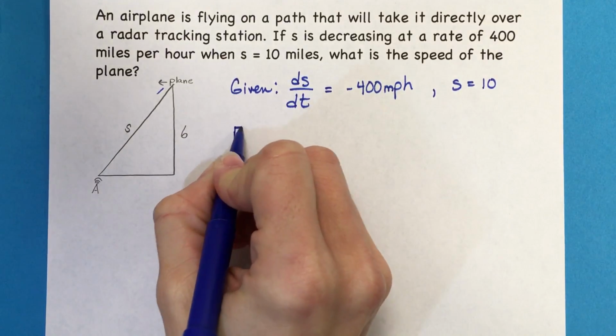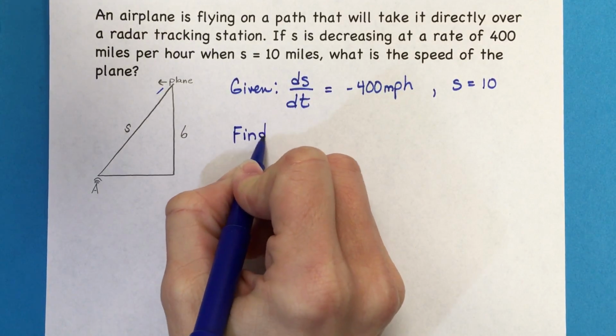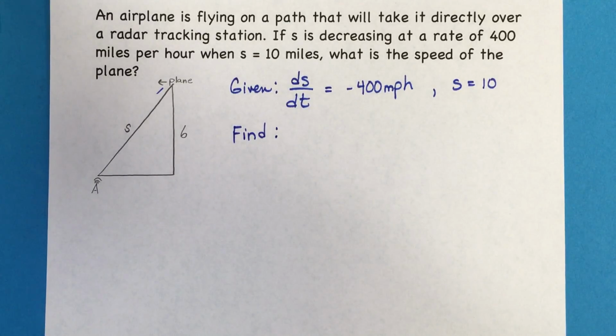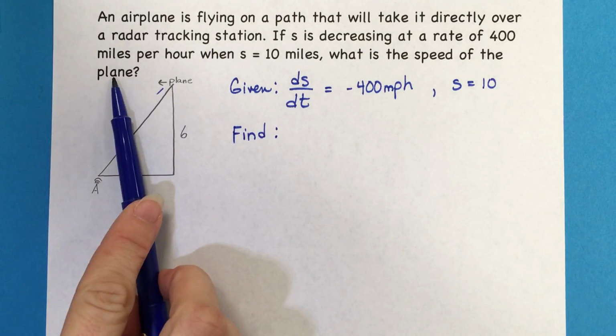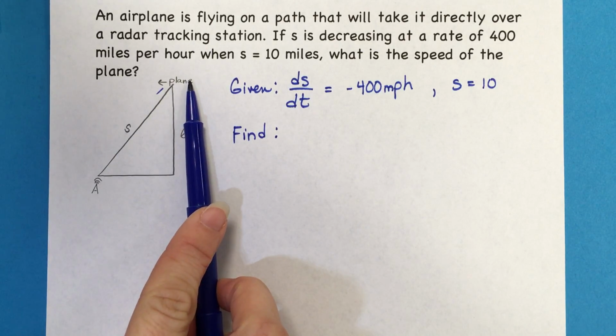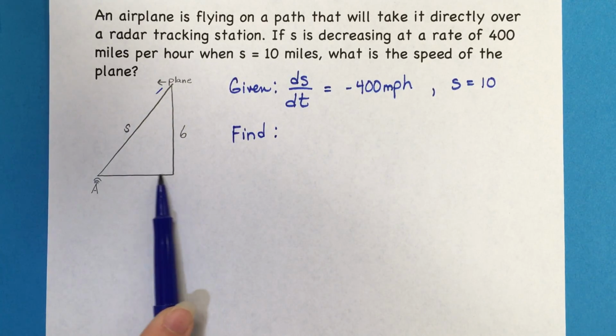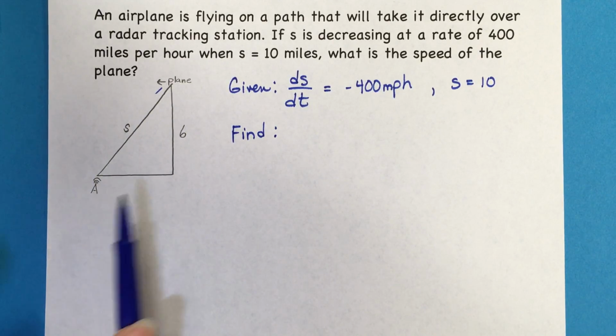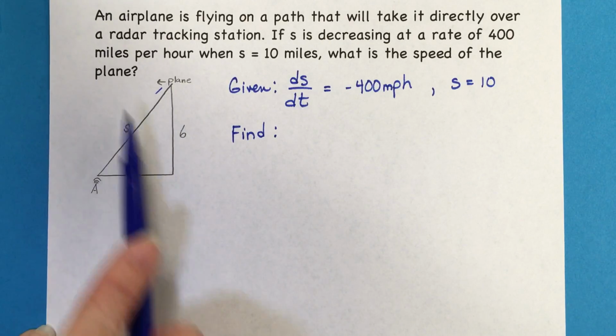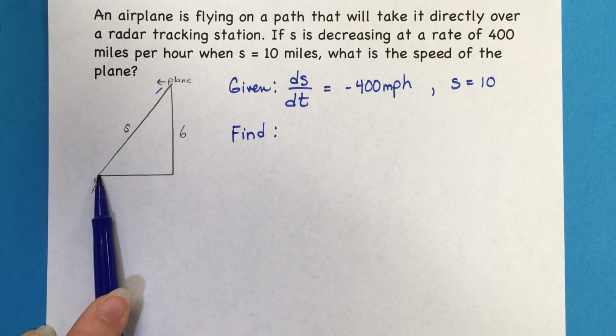All right, what you're trying to find, it says, what is the speed of the plane? Now, of course, the plane's up here, but whether you're talking about the plane being located here or down here, the distance from here to here would be the same as the distance from here to here.